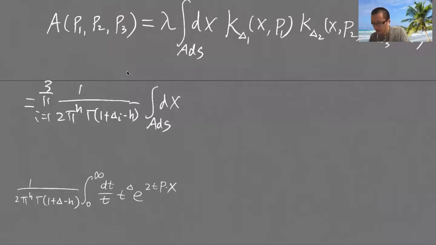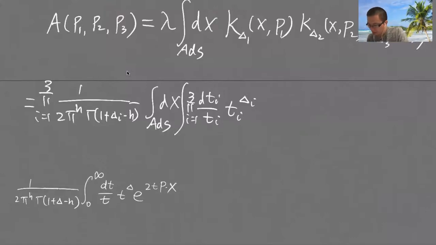Then we have the Schwinger parametrization. So we have the product over i from 1 to 3 of dt_i over t_i, t_i^Δ_i, times e^{2 t_i P_i · X}, summed over i.